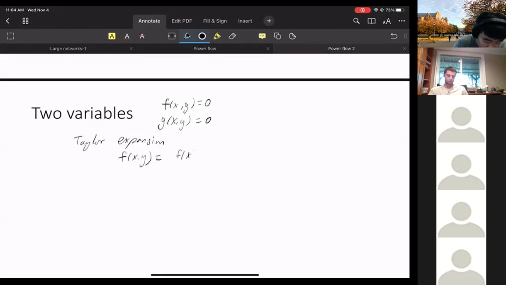x0, y0 is some starting point I have. If I have two variables, what happens to the Taylor expansion? What is the next term in the Taylor expansion? Anybody remember the multivariate Taylor expansion? There's always a constant. How do I write the derivative?